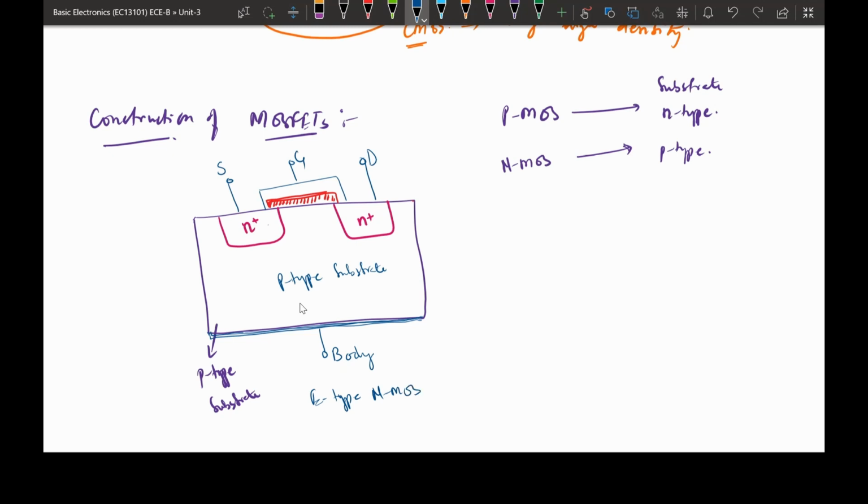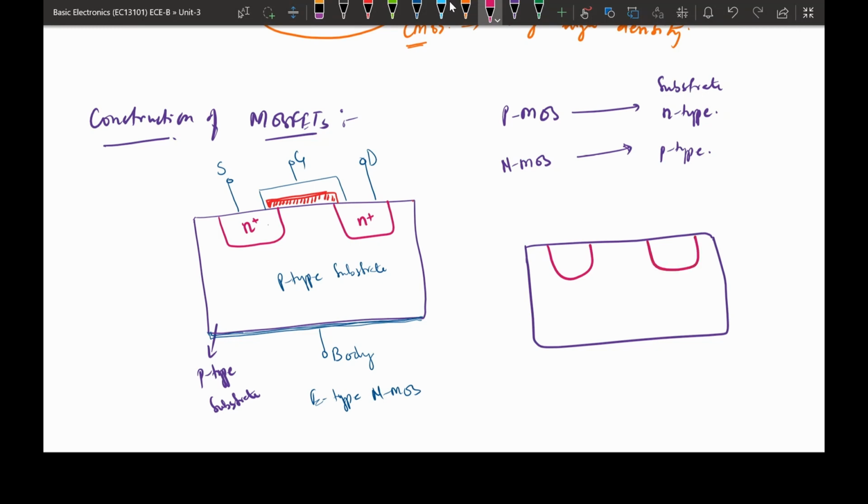NMOS. Okay, so if we talk about the PMOS, in case of enhancement type, suppose NMOS is there, so here we will be making similar arrangements.